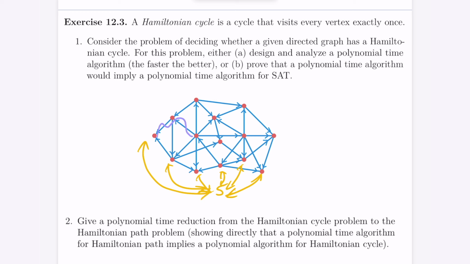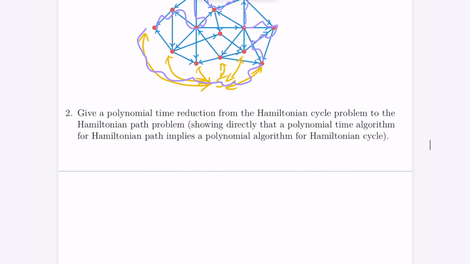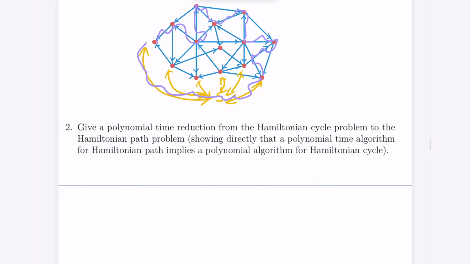If you do have a Hamiltonian path that visits everyone, then you just connect the endpoints with S. Vice versa, if you find a Hamiltonian cycle going through S among everyone else, now your Hamiltonian cycle also goes through S. Now, if you remove S, you'll get a Hamiltonian path in the original graph. Okay, so that direction's a little easier. The other direction, I think requires a little more cleverness, but it's not formidably hard.